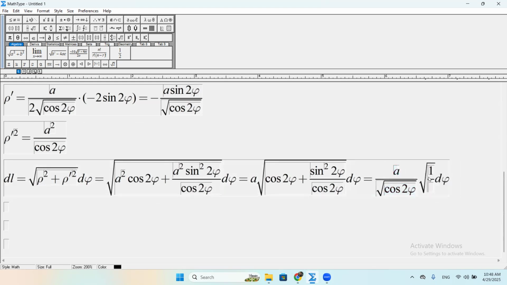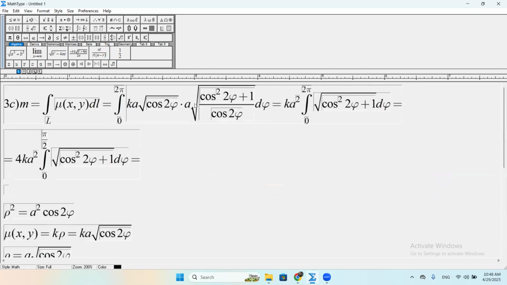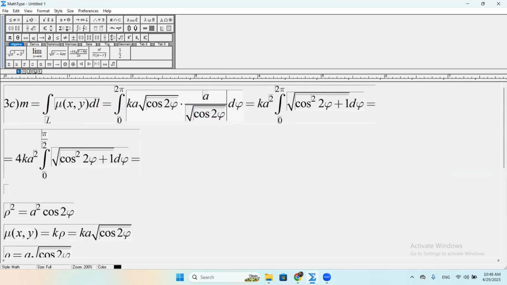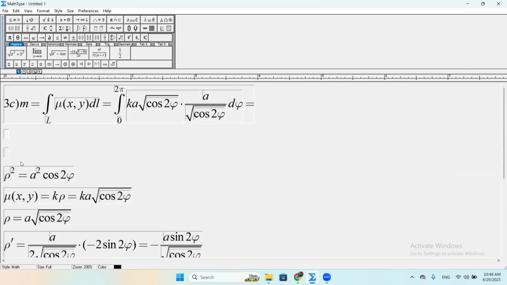Let's rewrite it in the following form: a over this square root d phi. So it was a mistake here, but let's correct it, and it will be even simpler than it was before. As we see, square roots are eliminated easily. Then we can also move k a square out of the integral sign.